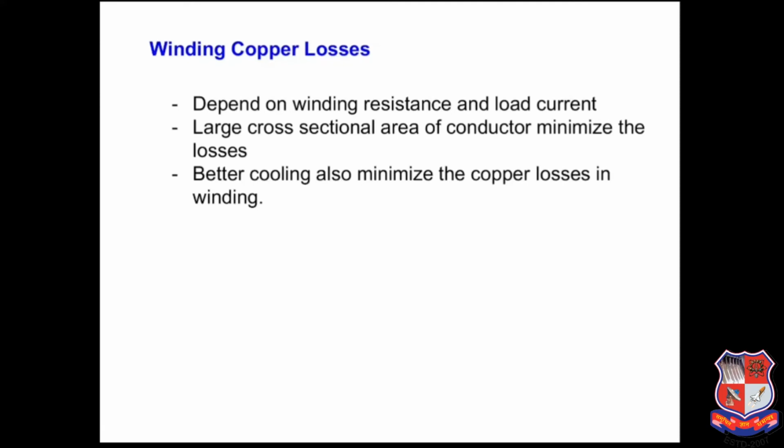Another technique to minimize these losses is better cooling. Because cooling is better, heat can easily dissipate from the winding, and due to the lower temperature of the winding, the resistance is also lower.